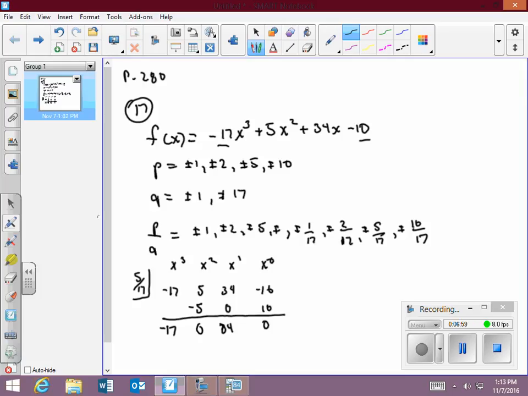That is an intercept, right? So how do we do the multiplicity part again? Is 5/17 a zero again?